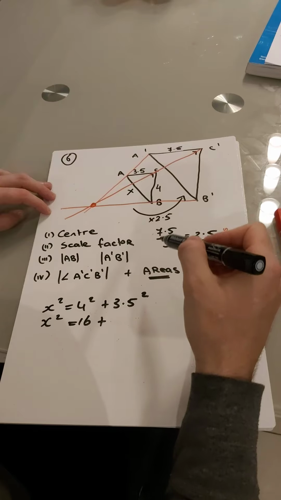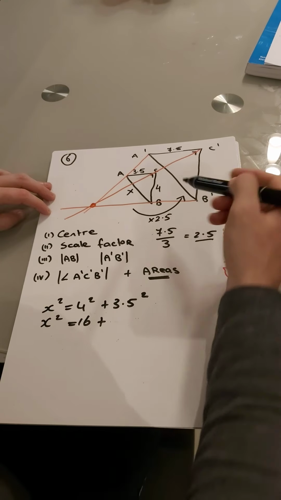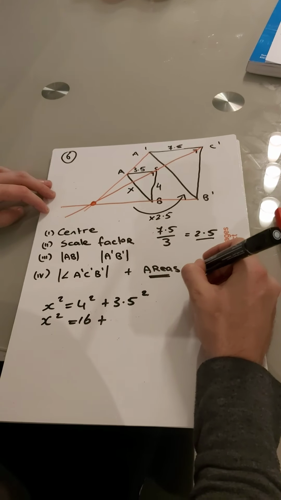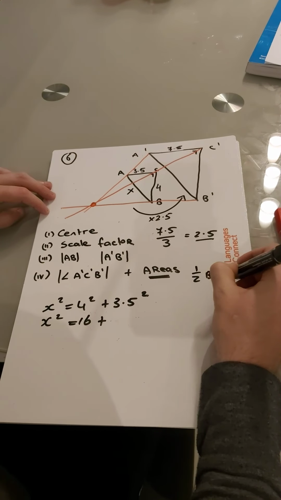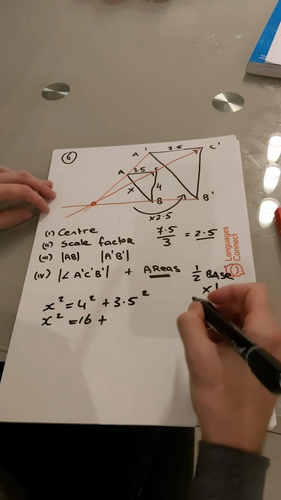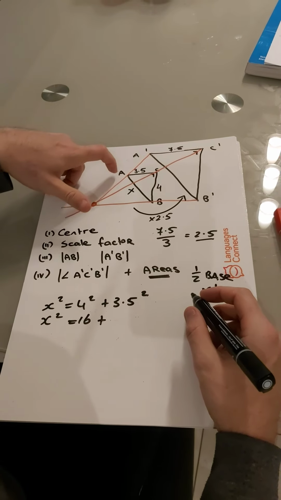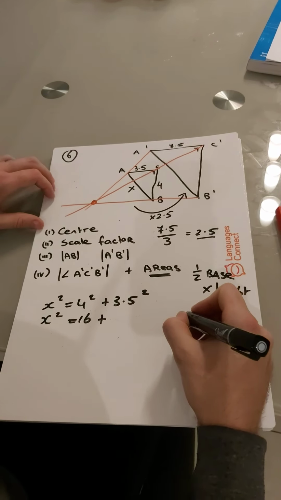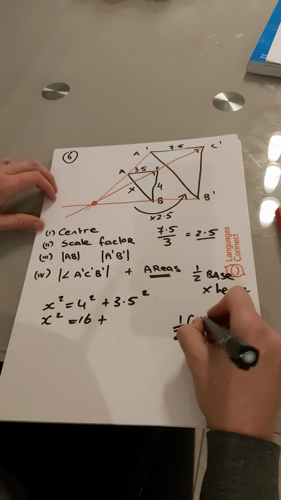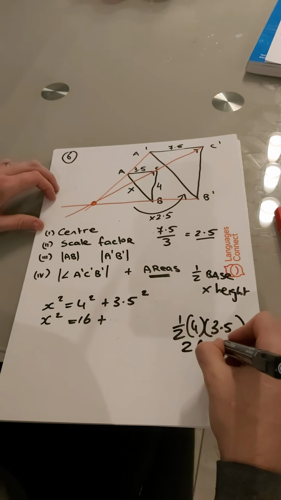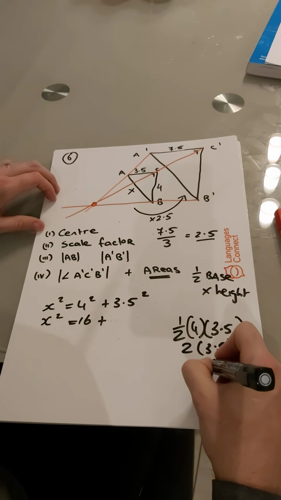Alright, now look, it's a right angle triangle, then they're looking for the areas. If it's a right angle triangle, how do we find the area? Half the base by the perpendicular height. Now, I want to show you something. First one is easy, look, there's the base, there's the height. So for the small one, it's going to be a half, 4 times 3.5, which is 2 by 3.5, which is 7.